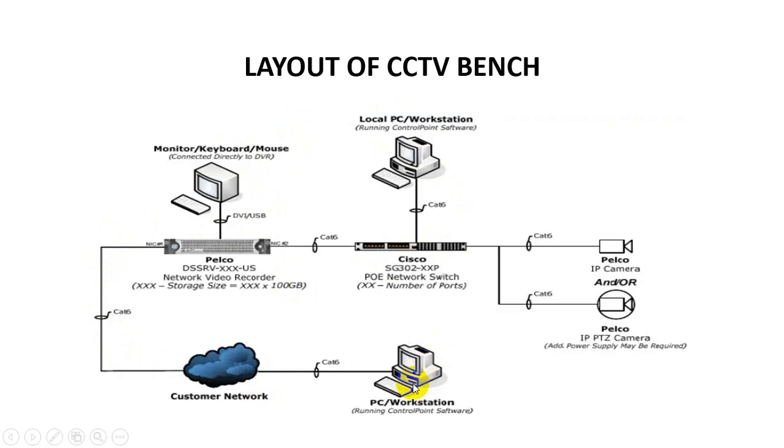For example, if you are at home, you can see what is happening in your departmental store in live streaming also. By means of this connection, maybe a wired network or wireless network, this is possible. The important point is, this part is meant for the recording purpose and this part is meant for the communication purpose, and these are the wire lines which communicate between the two. So this is the layout of the CCTV workbench.